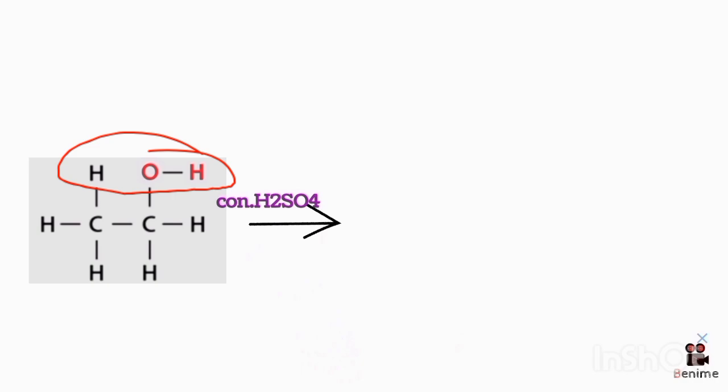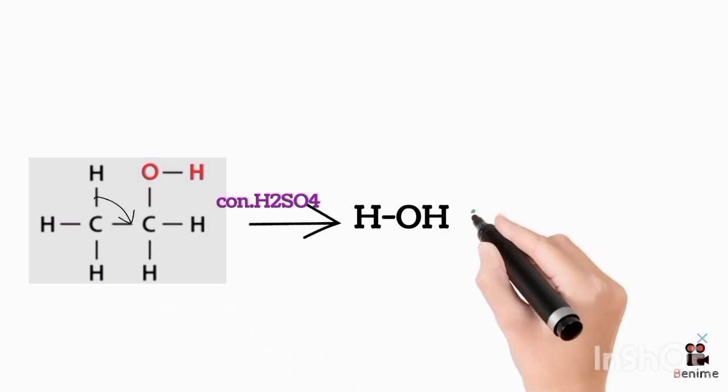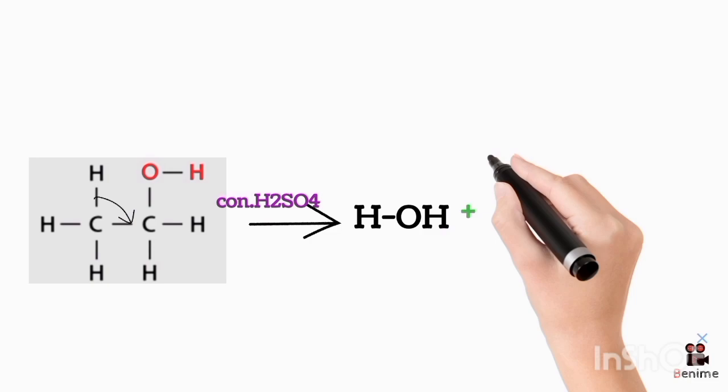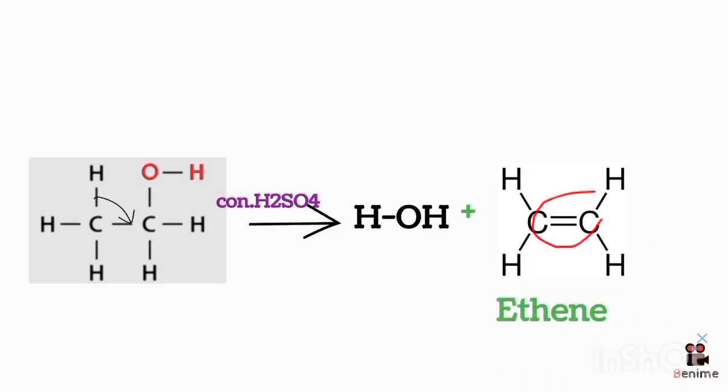These combine together and form water. Hydrogen plus hydroxyl gives water. After removal of water, a double bond forms between the carbon atoms. So ethanol changes into ethene. Important concept. Elimination reactions increase unsaturation. They convert saturated compounds into unsaturated compounds.